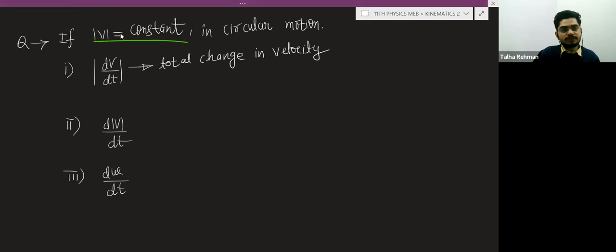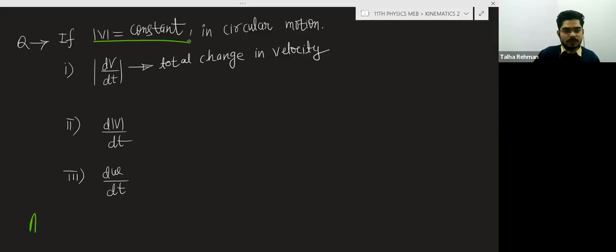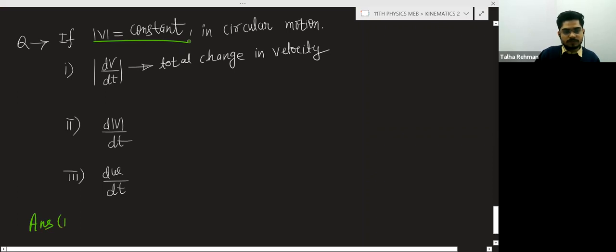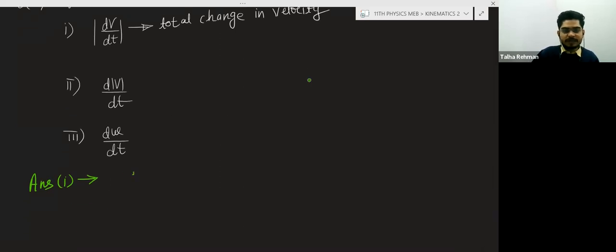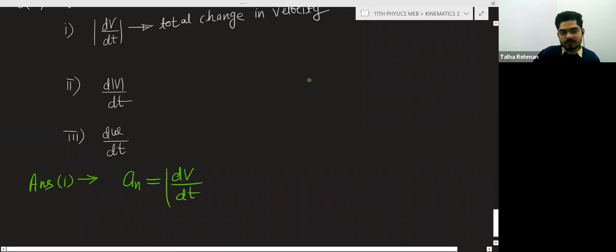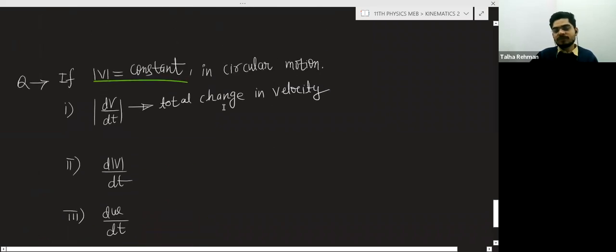So we will see answer number first. Basically total change in velocity will be equal to the net acceleration. Net acceleration is due to total change in velocity. So if the speed is constant, then will net acceleration be there or not?